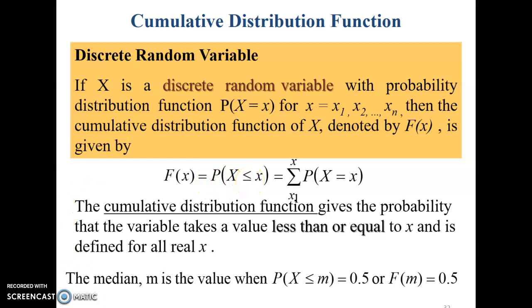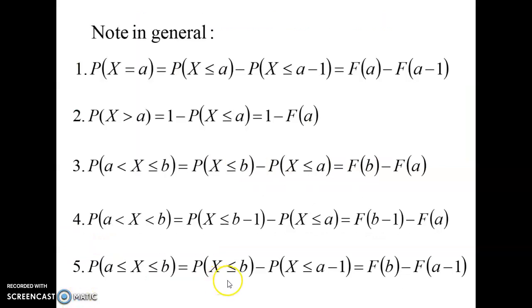The notation for cumulative is less than or equal from the probability. Here are the formulas on finding the probability by using the cumulative distribution function.